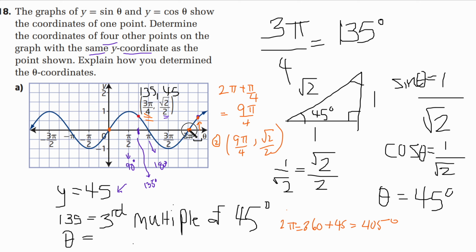That's 2 pi. So if every 2 pi units my points are repeating, I can find out when that point is going to come back again on my graph. First I need to know the location of my point. I know this is at 135 degrees, or it's 3 pi over 4.